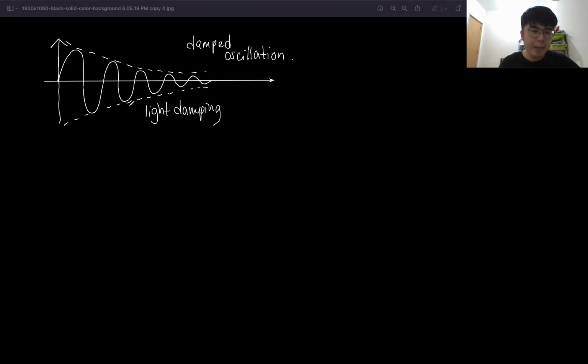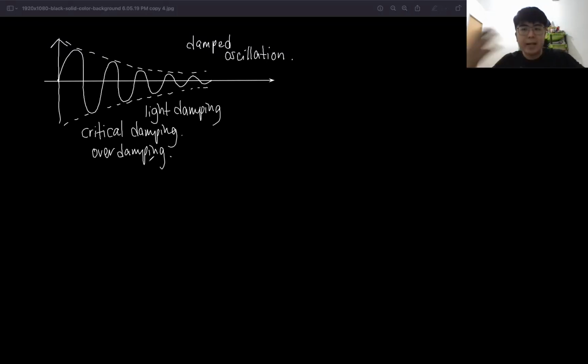And other than light damping, we actually have a stronger one. We call it critical damping. Critical damping. Sometimes you'll see overdamping also. Okay, overdamping is just an increase in the magnitude of the damping.